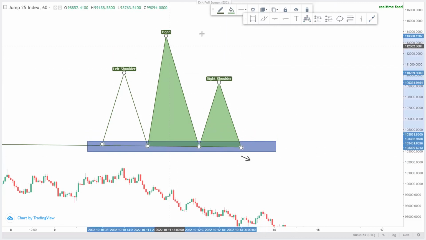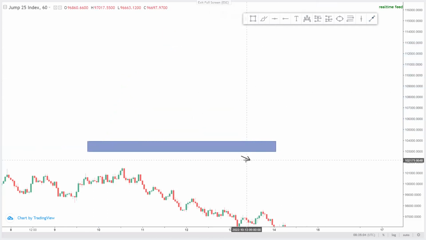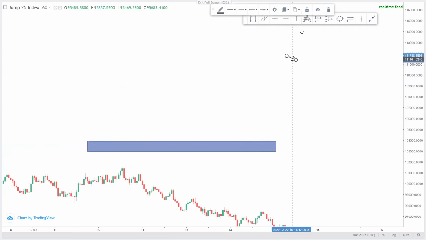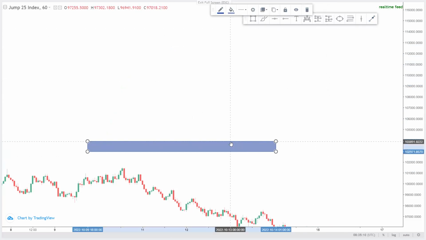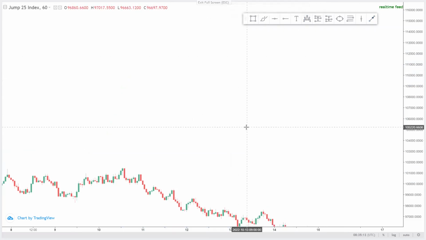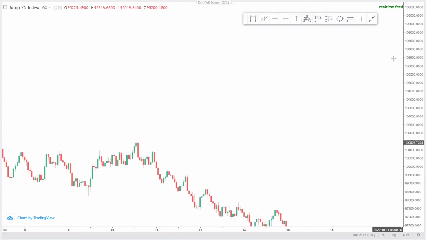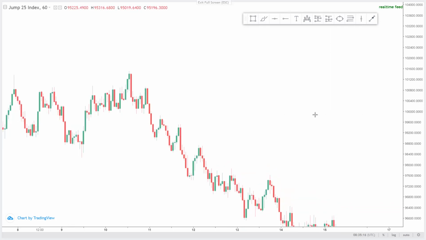Maybe in subsequent videos, we will delve into how I make use of the confirmed head and shoulder pattern. Quickly, I'll dive into using the head and shoulder pattern for trade entry confirmations.